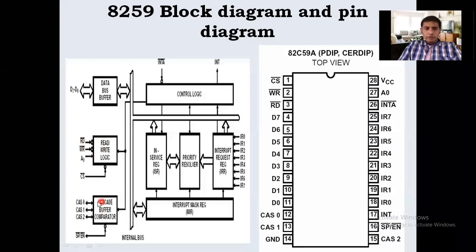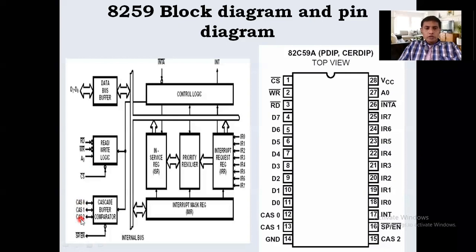Then the cascade buffer comparator. We know the 8259 can operate in cascade mode. In that mode, one acts as a master and the others act as slaves. Here we use these 3 cascade pins to communicate between master and slave. For the master these 3 pins act as outputs, and for a slave they act as inputs. Generally the master provides an initialization code to each slave initially with the help of CAS0 to CAS2: a 3-bit initialization code assigned to each slave.